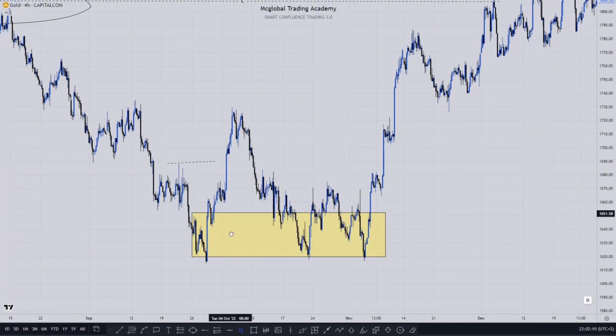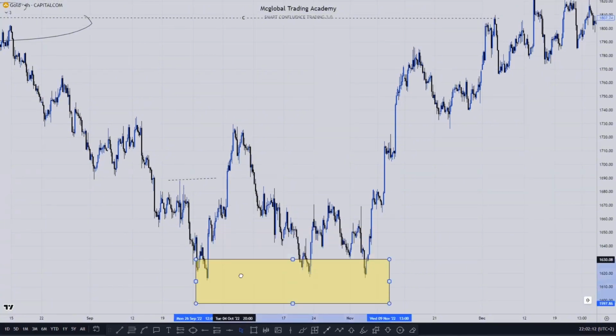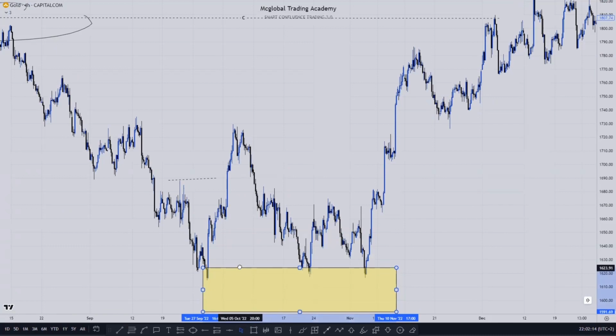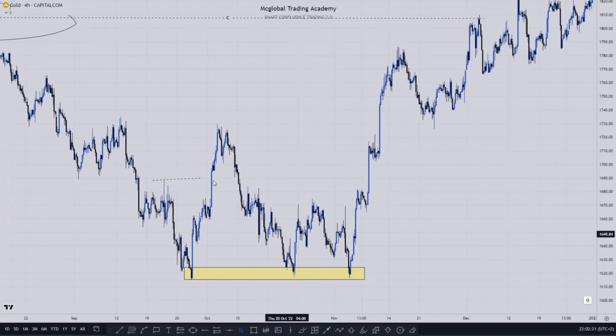If you refine the zone based on the 4-hour, you discover this is the demand zone here. So after this change of character, coming back to our zone, you're supposed to take a buy from there, targeting, if you wanted to be humble, this level.